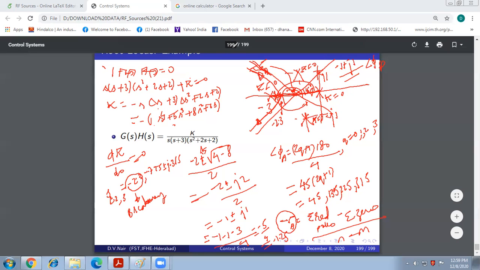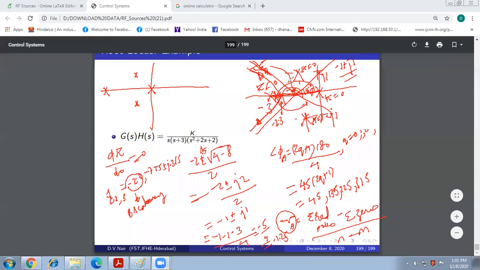So let me pause a minute. I have redrawn the open loop pole zero locations. Now we have to find the angle of departure at this pole, that is minus 1 plus j1. This is minus 1, the real axis intercept, imaginary is j1.